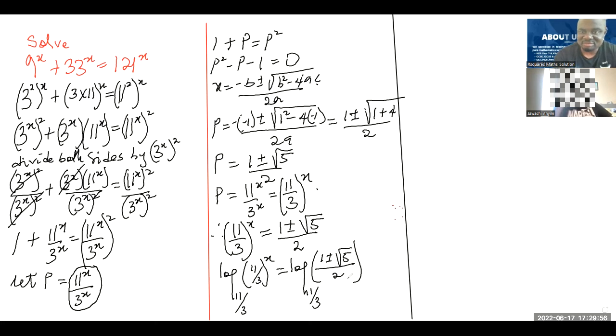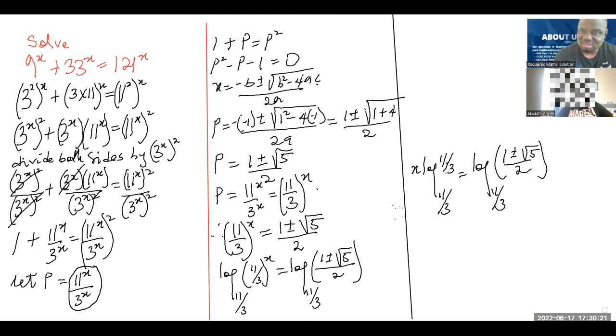So from here, that gives us x log 11 over 3 base 11 over 3 equals log base 11 over 3 of 1 plus negative root 5 all over 2.